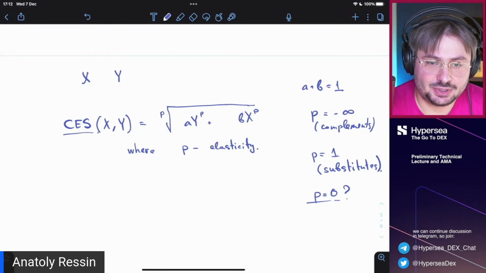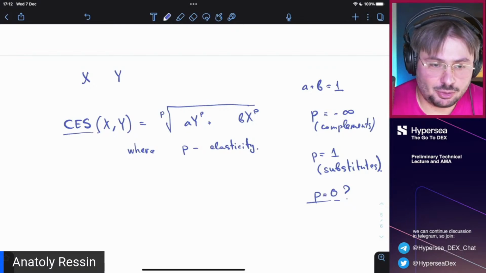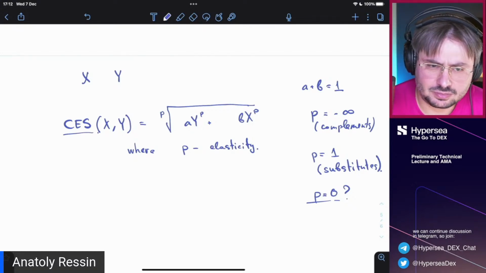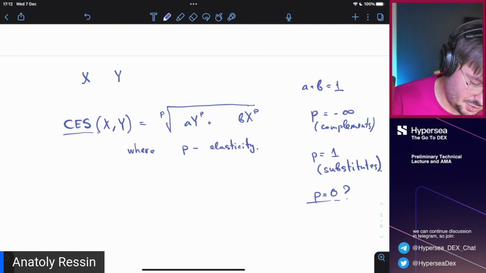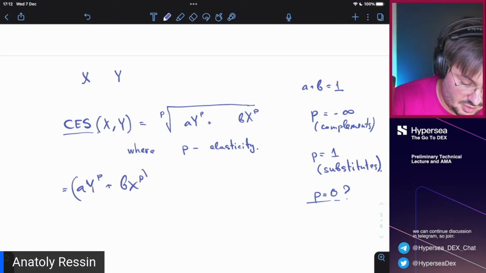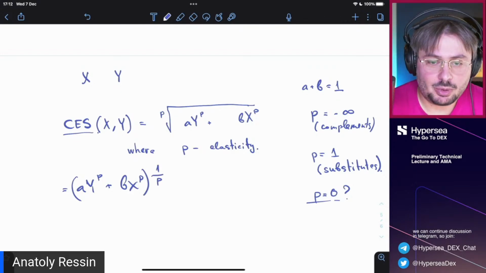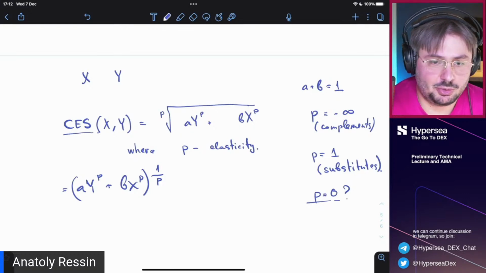Directly, you cannot use P equal to 0 in this formula, because it is equal to (aY^P + bX^P) in power 1/P, which is just a root of degree P. And if P is equal to 0, you cannot use this formula.